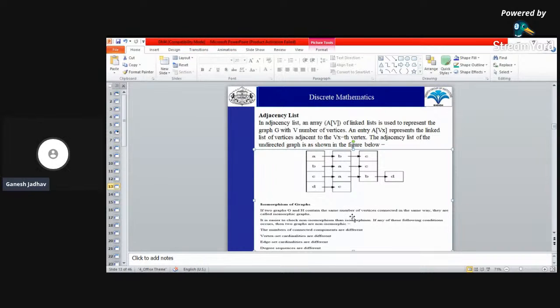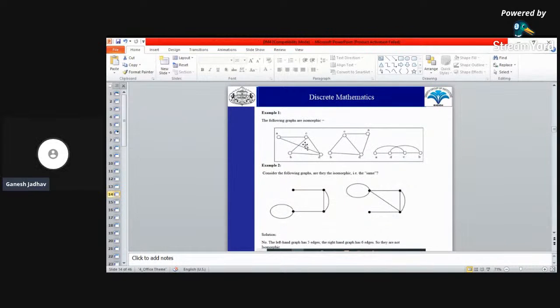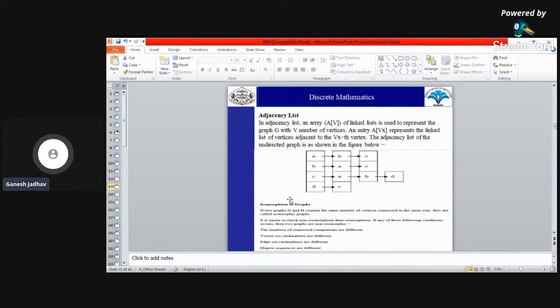So there is one graph G and another graph H. Here are two graphs, and if they have the same number of vertices connected in the same way, they are called isomorphic graphs.